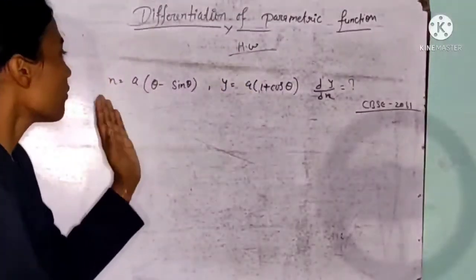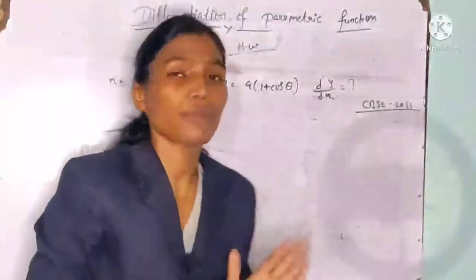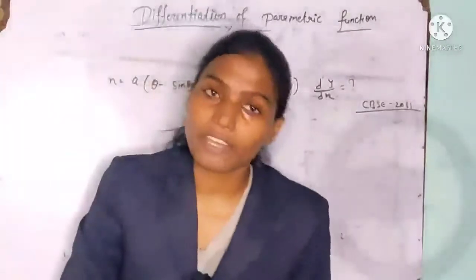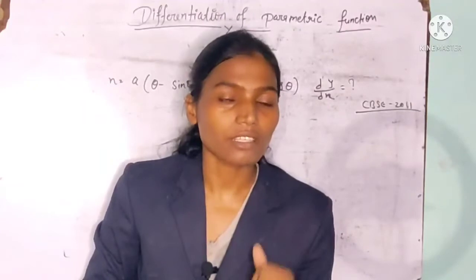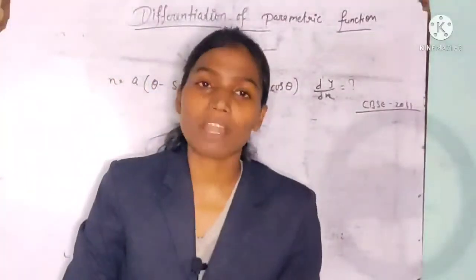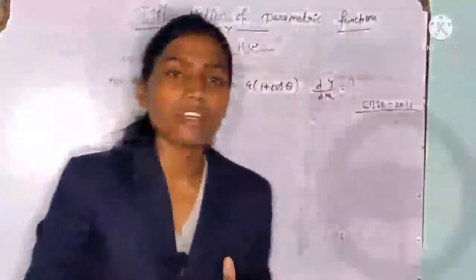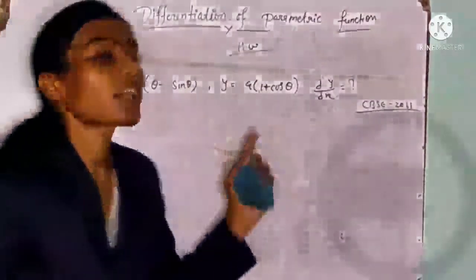What is that? Given functions x is equal to a, theta minus sin theta, y is equal to a, 1 plus cos theta. So really this question is very interesting, and what is new here? We need to figure out what is the parameter here. So now just see, previously our t was the parameter, but here our theta is the parameter.